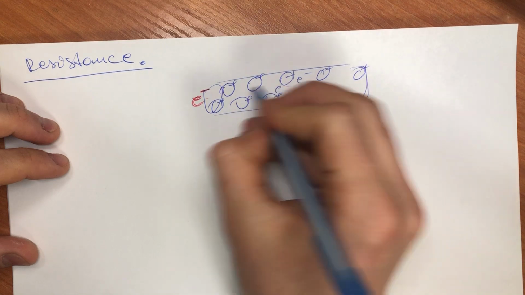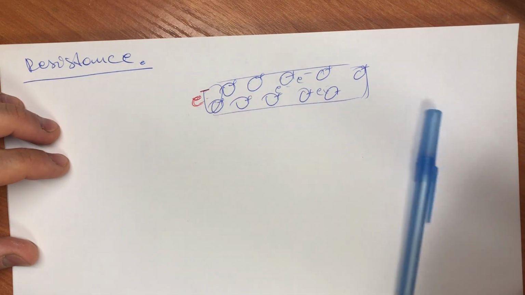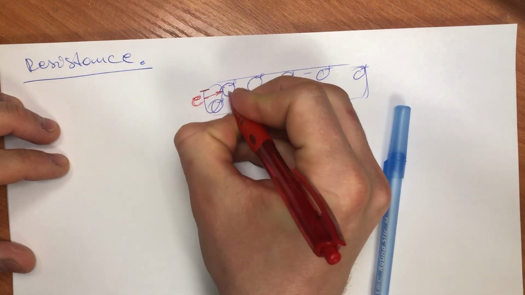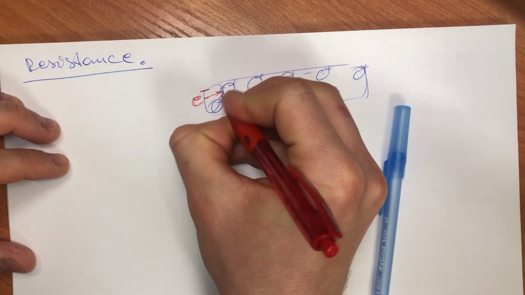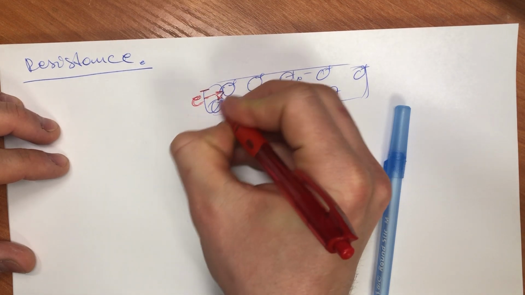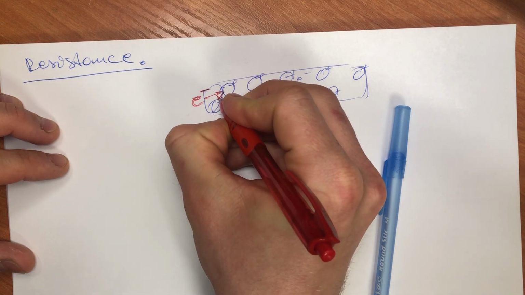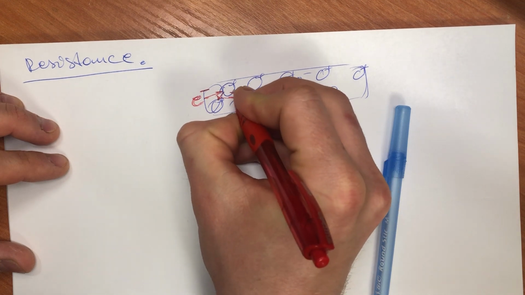So let's say we can draw lines, but imagine that an electron comes and hits this atom, collides with that atom, and it goes back because it is pushed away. Then it moves again and hits this atom. It's pushed again.